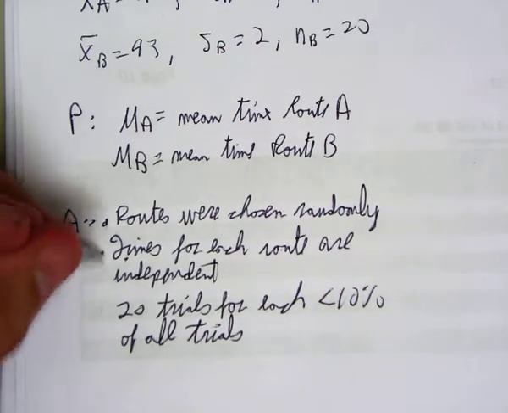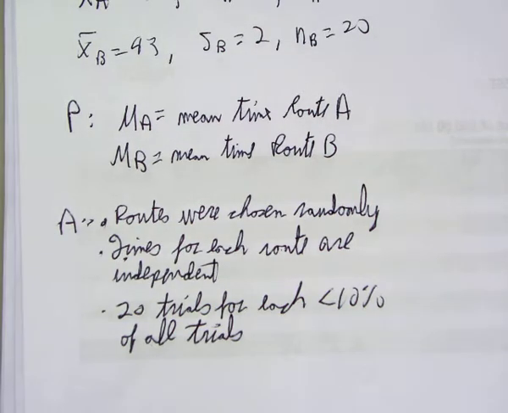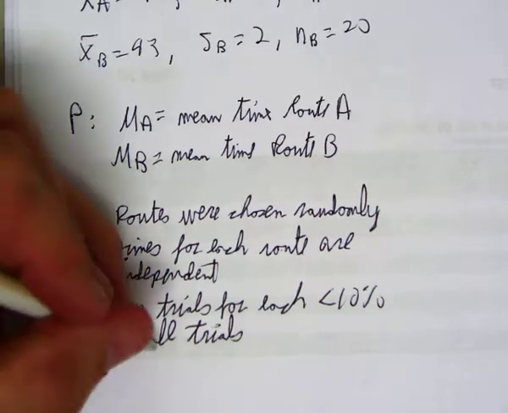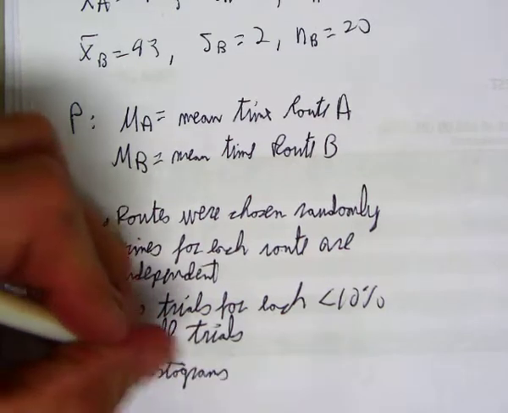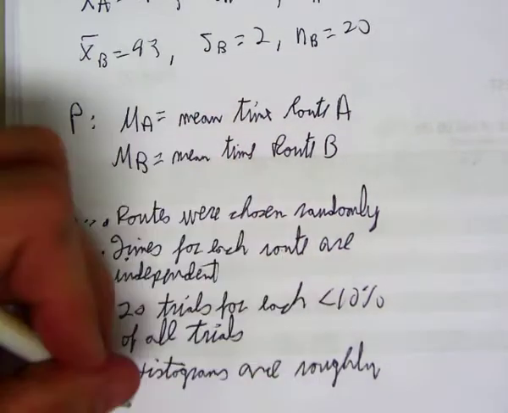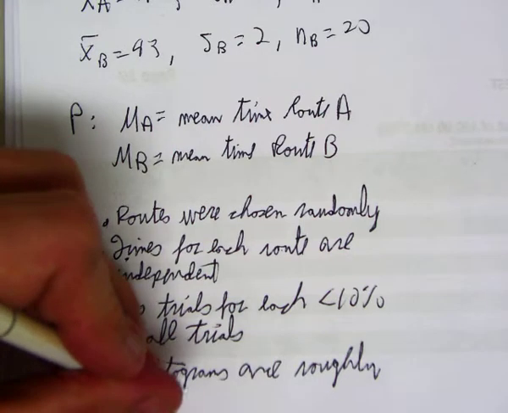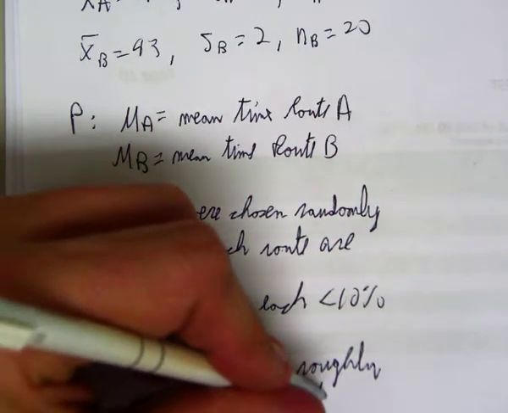Okay, so that's 1, 2, 3. And then the problem says that the histograms are roughly unimodal and symmetric.